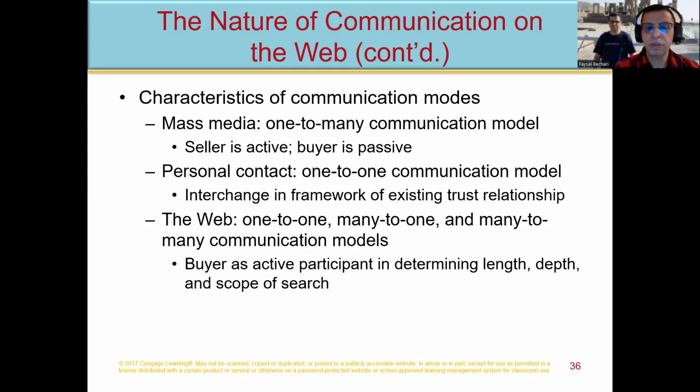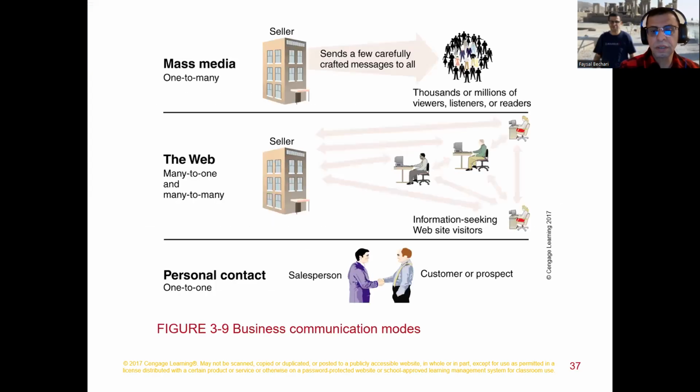And then you have personal contacts, which is a one-to-one communication model, like real estate, exchanged within the framework of an existing trust relationship. Text probably is also. And then you have one-to-one, many-to-one, and many-to-many communication models, which we can see in the next slide, and how they are different.